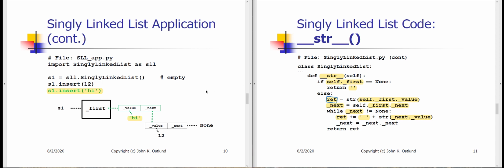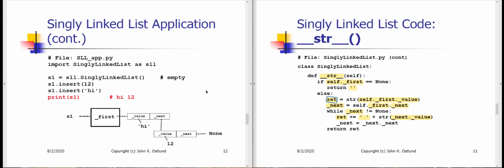All right, so let's see that used in our program. Here is a print statement added to our application program, and it does what I claim, okay? When we call print(s1), internally, print automatically converts s1 to a str.